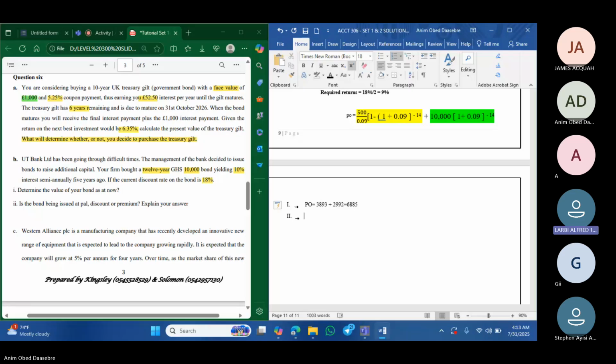I think it is a discount because the present value is less than the face value. Okay, who else? Any suggestion?